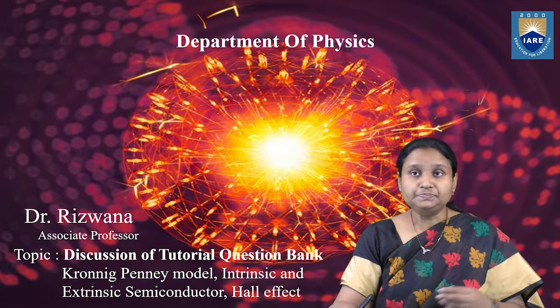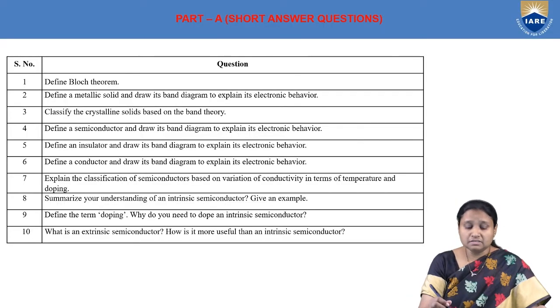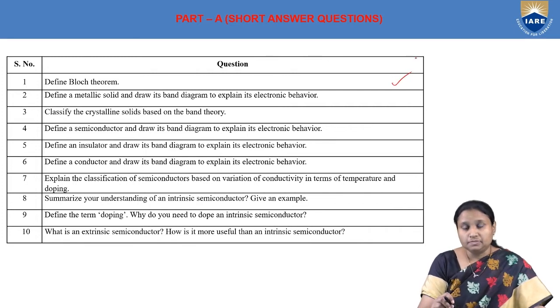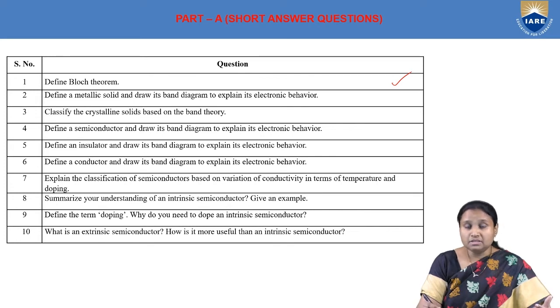So moving further, first we are going to discuss short type answers. Okay, so coming to first question, define Bloch theorem. So we know that if we take a crystal, in that crystal, if we consider regular arrangement of atoms, then instead of saying crystal to be regular arrangement of atoms, we talk about array of positive ions and its valence electrons moving freely inside the crystal.